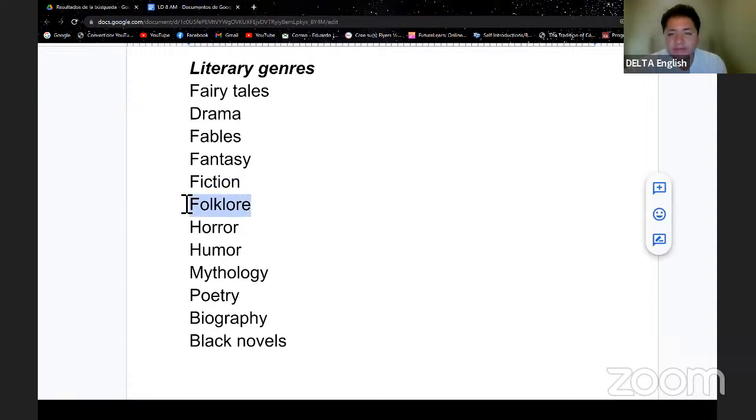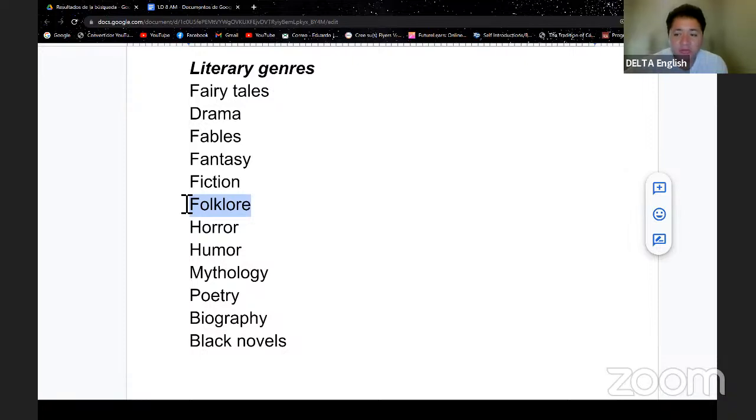Folklore is about stories being told in a culture. For example, in Mexico, what could be a folklore story? Folklore is something that is told from generation to generation.